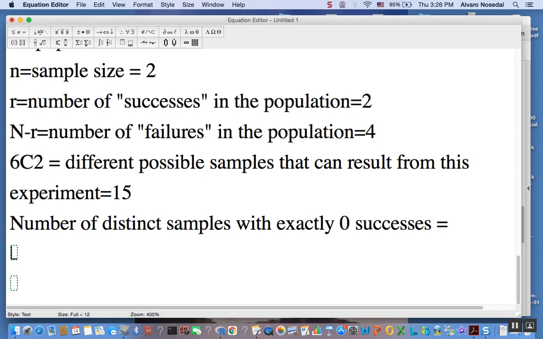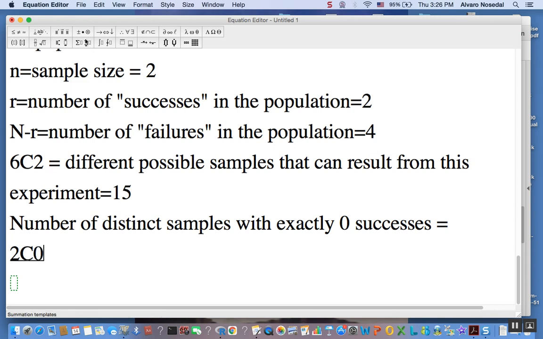Well, one way of doing that, and we had a homework problem where you had to do something like this, it had to do with a raffle and a group of organizers. Anyway, to find this, all we have to do is, out of the subpopulation of successes, 2, you have to choose 0.